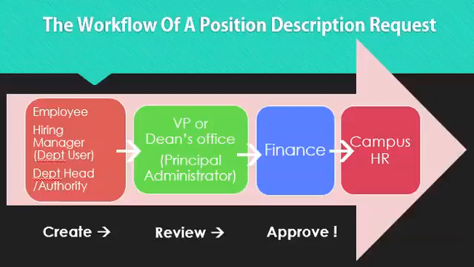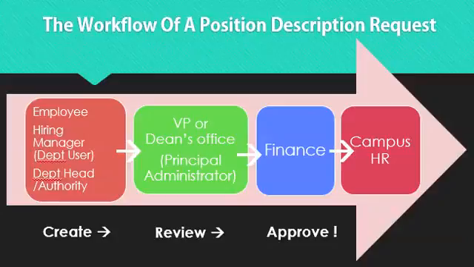Based on user type permissions, employees only have the ability to submit a request to change their own position description. Employees initiate requests, which are then sent to the manager for approval.